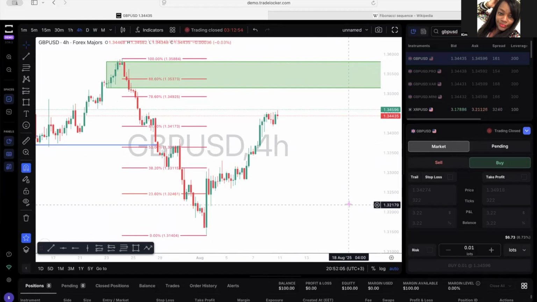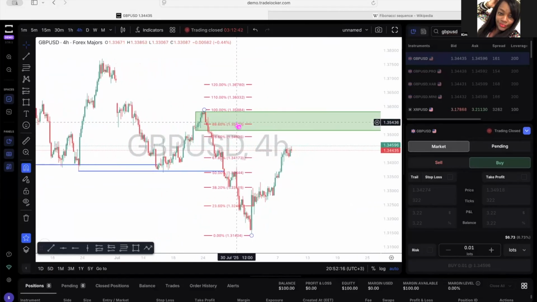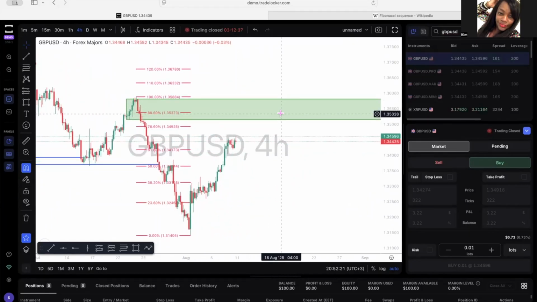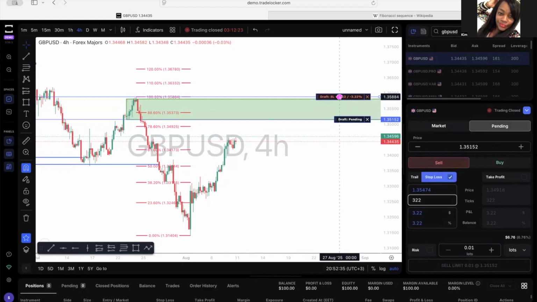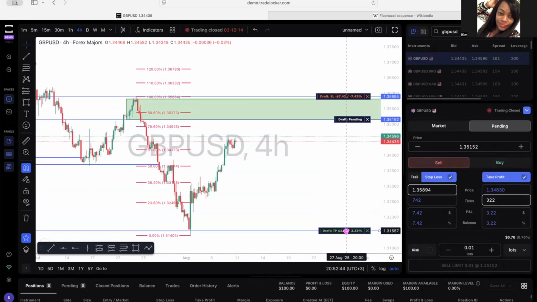Okay. So you can do it however it's best for you. I like to just set the limit and just let it do whatever it's going to do. And again, if price comes up here and say I set a pending sell here, and then I set my stop loss up here, and then I set my take profit down here.